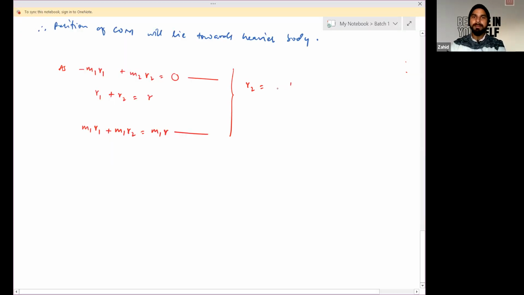So R2 will be M1 divided by M1 plus M2 times total separation R, and R1 will be M2 divided by M1 plus M2 times total separation R.